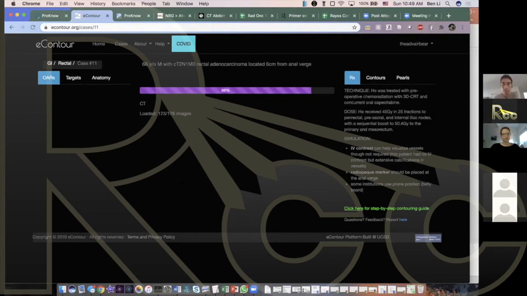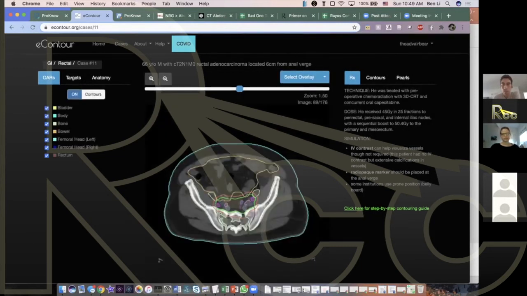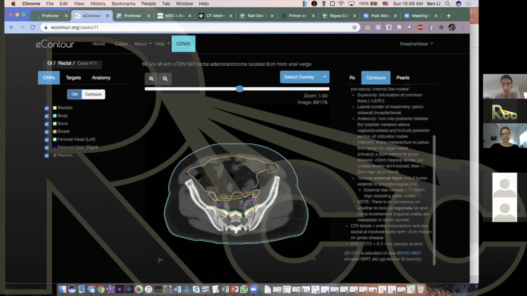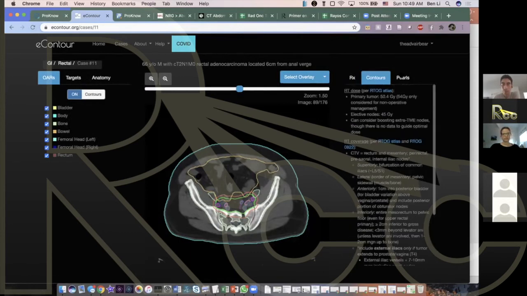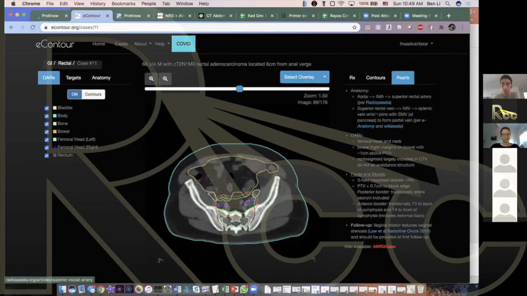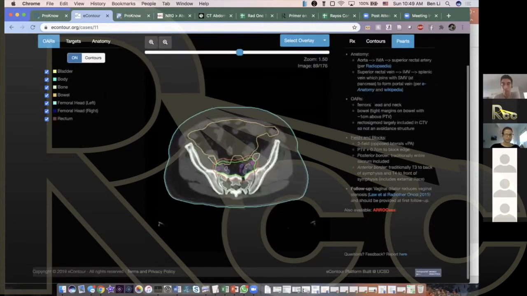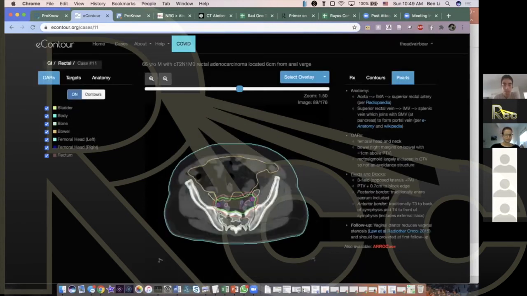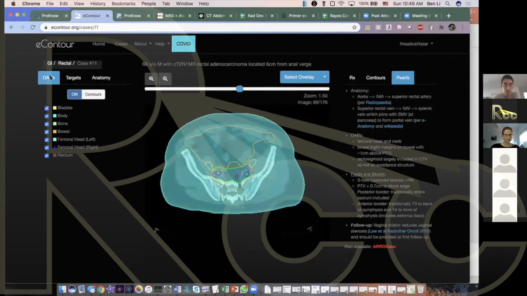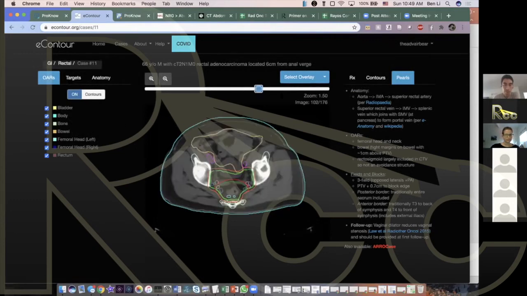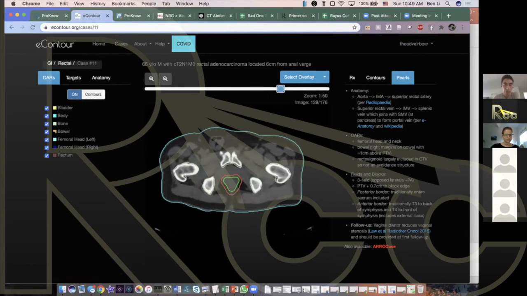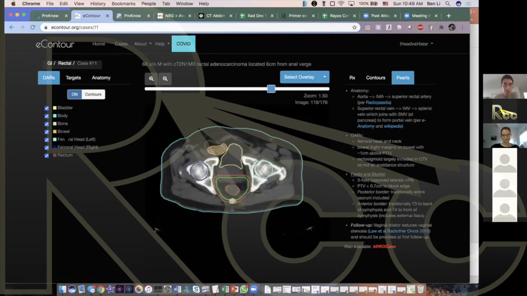And here you can see what the treatment was, some of the guidelines that are used, and some clinical pearls. And then here we can see the OARs. They had the bladder in yellow, the bowel, femoral heads, and the rectum.